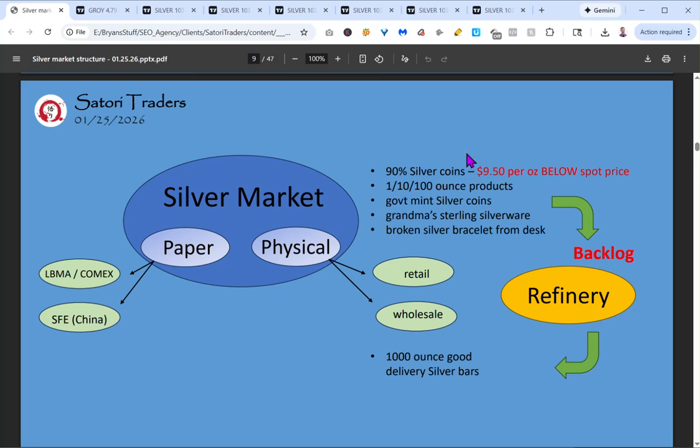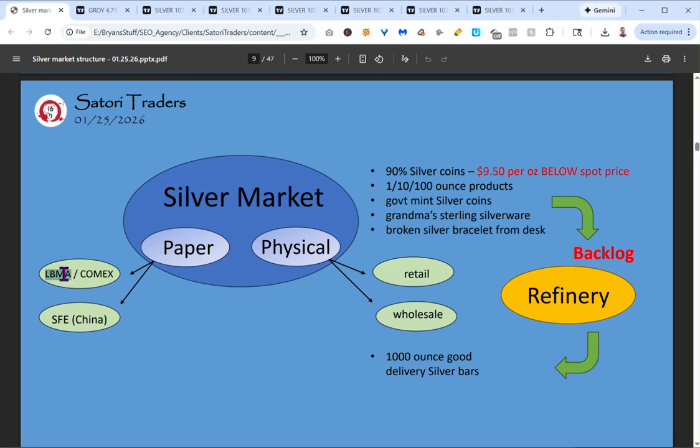So we're talking about this pathway through the refineries. You've got to go through that pathway to get to 1,000-ounce good delivery silver bars in order to satisfy these folks over here.